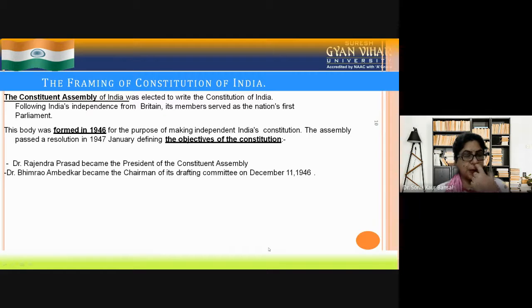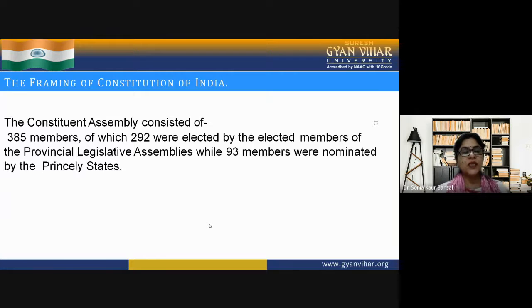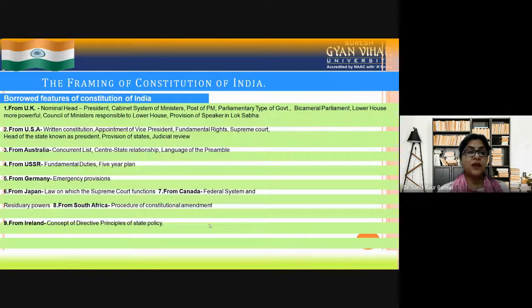So let's understand more about the framing of the Constitution of India. The Constituent Assembly consisted of 389 members, of which 292 were elected by the elected members of the provincial legislative assemblies, while 93 members were nominated by the princely states.